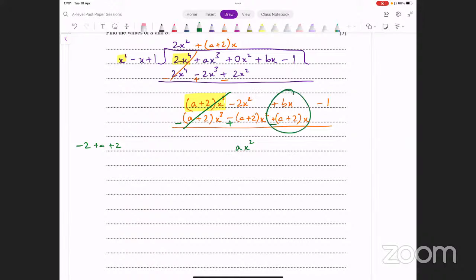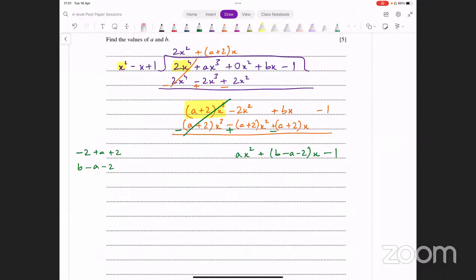Then what about the coefficient of x? You have b minus a minus 2. You see, you've got b here and then minus a and minus 2. So the next term, therefore, is going to be b minus a minus 2. You have to be very careful with your signs here. This whole thing is multiplied by x, and you have minus 1 after that. Now we have to do just one last step. What do we multiply x squared by to get ax squared?